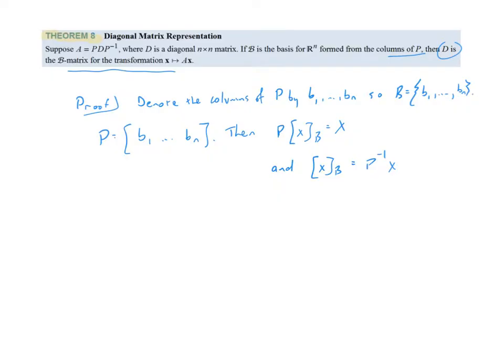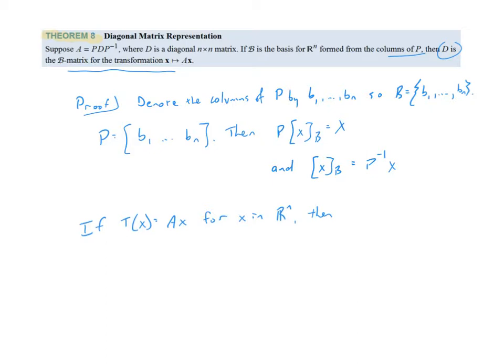Now we're going to start a new line here. If T of x, our transformation, is equal to A times x for x in R^n, then now we're going to have a big, huge series of equalities with a reason for each one.